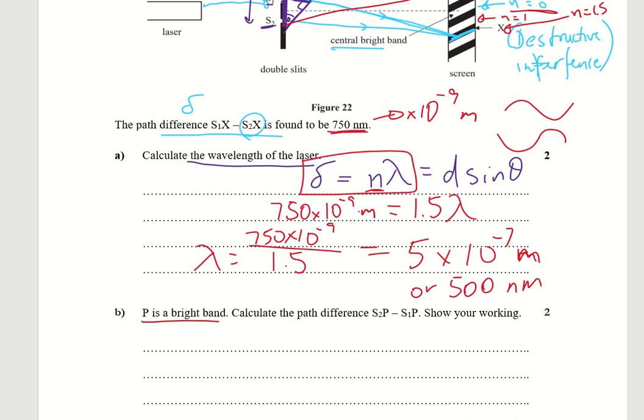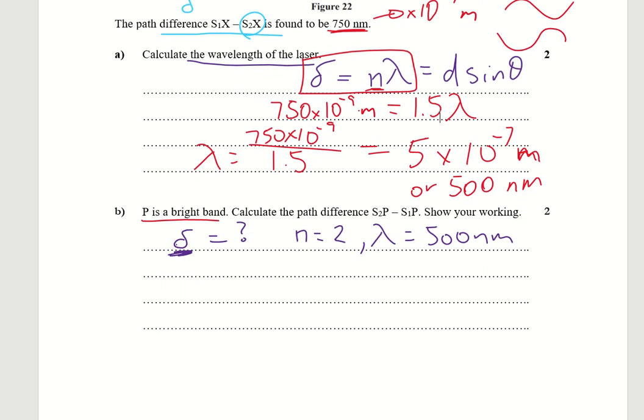Okay, so I'm trying to find path difference. But I do know what n is. N is 2. Lambda is 500 nanometers. Let's do our substitution.